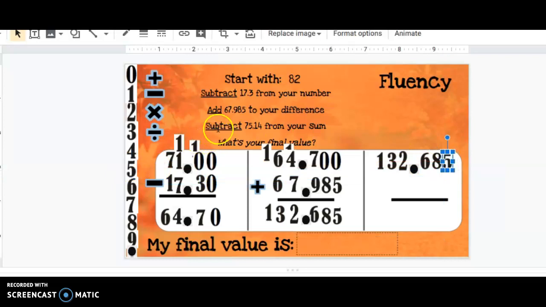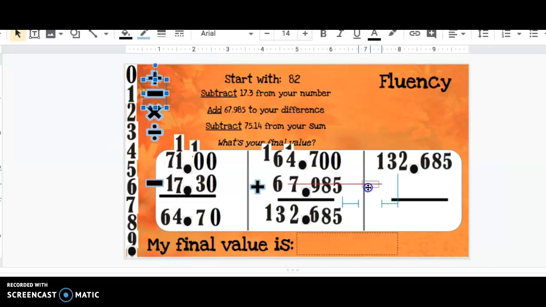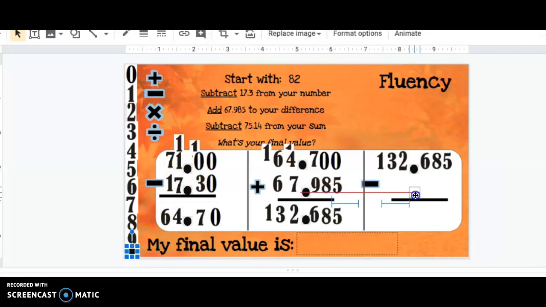And we're subtracting that. So we're going to take our subtraction sign and put our decimal point down and look at our place value. So in our tenths place we have a 1.